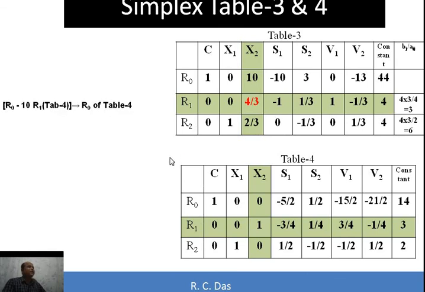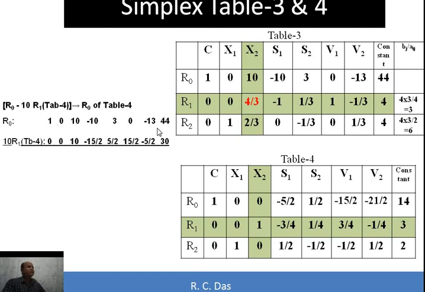So this is the relation: R0 minus 10 multiplied by R1 of table number 4 will give row 0 of table number 4. This is the row 0 of table number 3, directly you write it. Next, 10 times the row of table number 4. After multiplying this by 10, we'll get this line. Deduct it.